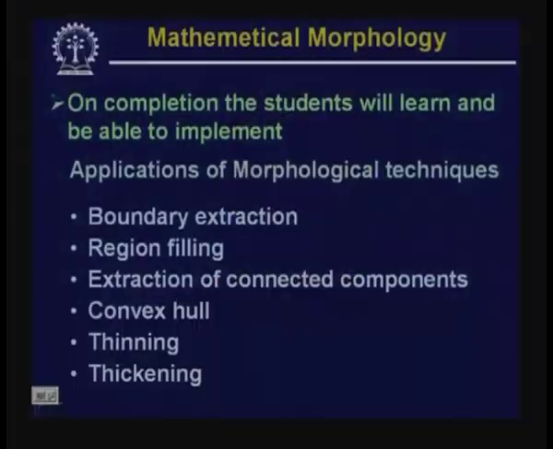The medial axis of an object region is nothing but a thinned version of the object shape. So, we will see how we can thin a point set by using morphological operations. Thickening is of course the reverse of the thinning operation, so we will also talk about how the thickening of a point set can be done.